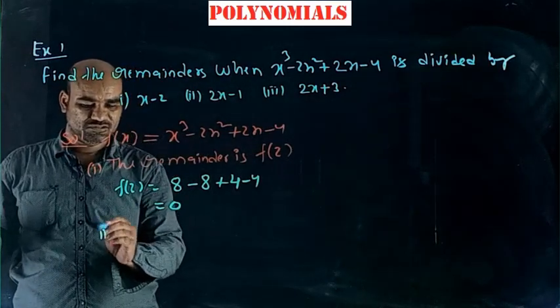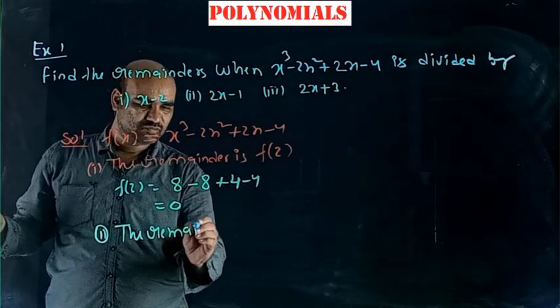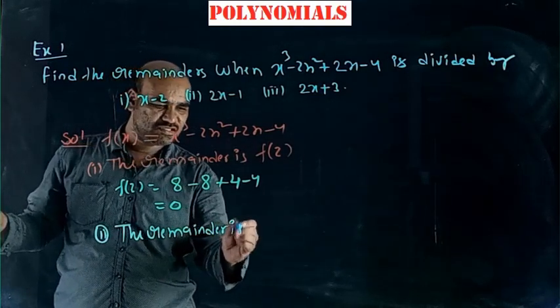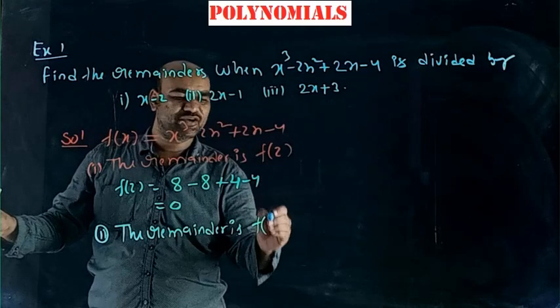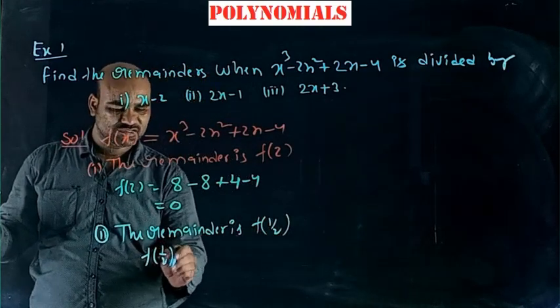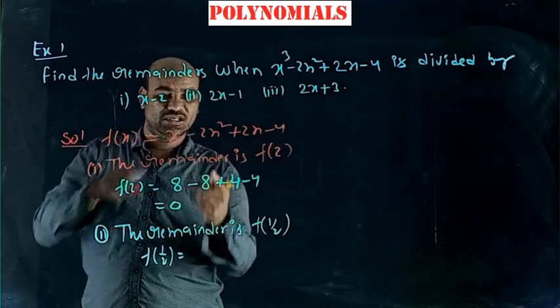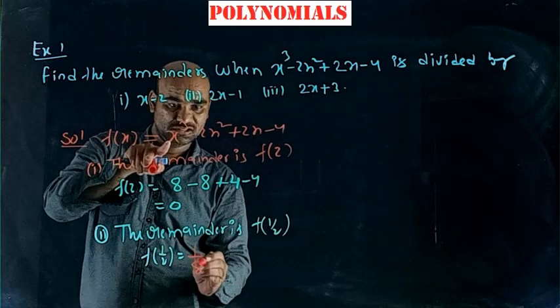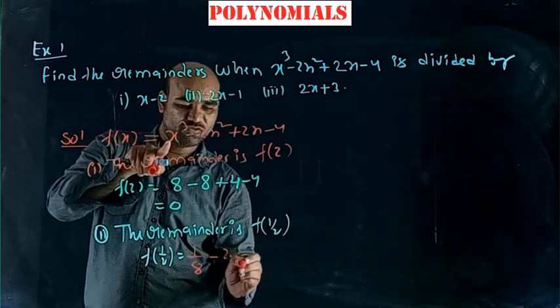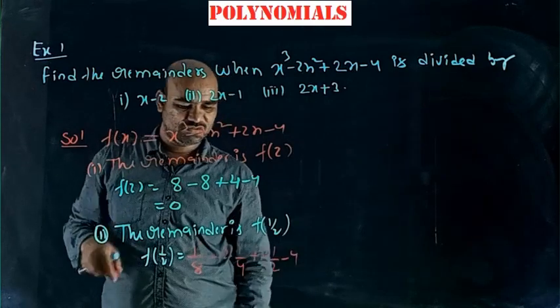Second one, the remainder is f of 1 by 2. Now you need to find f of 1 by 2 value. F of 1 by 2 is equal to, here f of x, 1 by 8 minus 2 into 1 by 4 plus 2 into 1 by 2 minus 4.